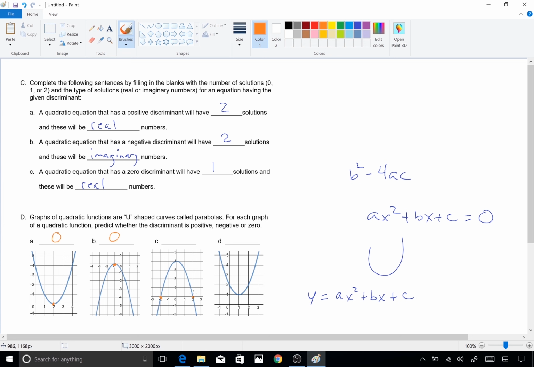Those are two real solutions. The discriminant must be positive. Graph D does not cross the x-axis at all. There are no real numbers that provide a solution to ax squared plus bx plus c equals 0. It must be that the solutions are imaginary numbers. The discriminant is negative for this one.